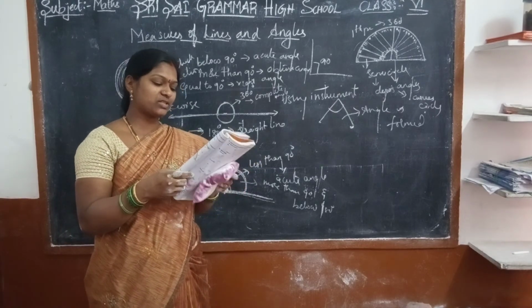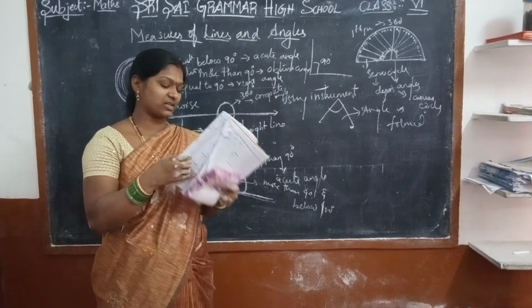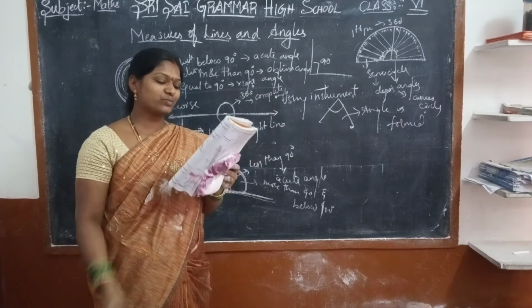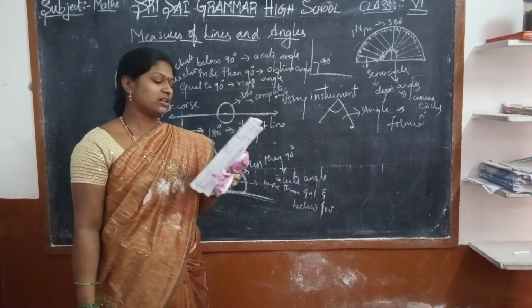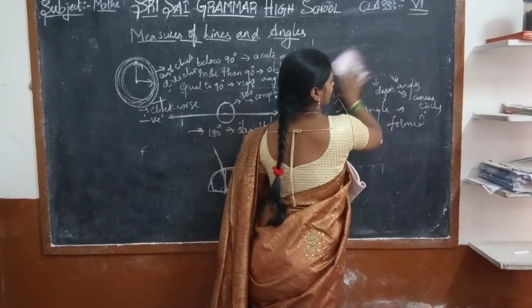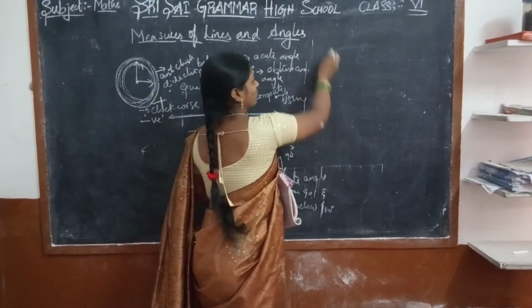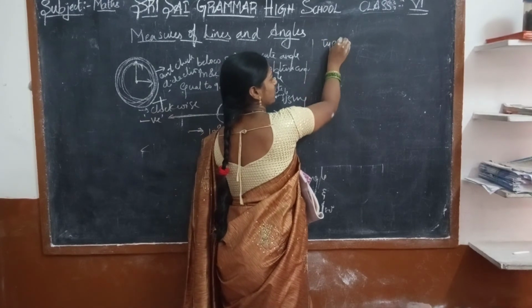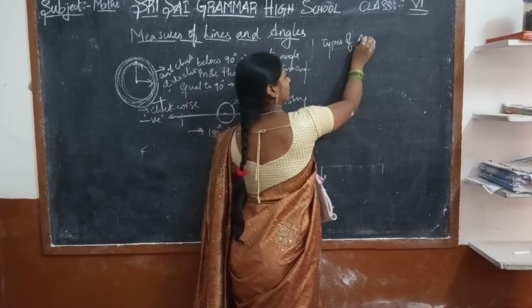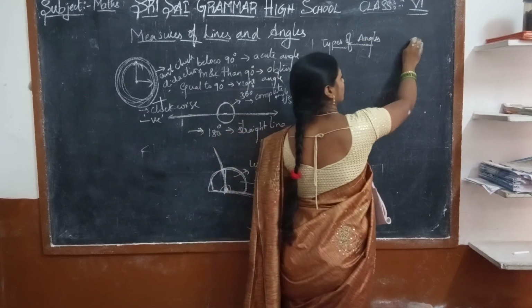Then the table showing various measures of angles and their measurements. Types of angles and measurement. What are the types of angles we see? Yes, and we have learned some degrees also.